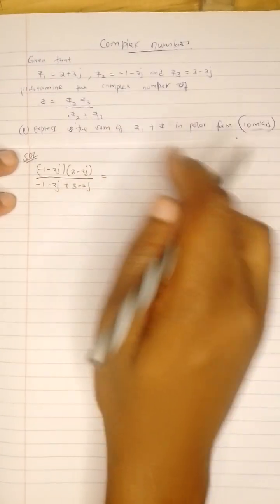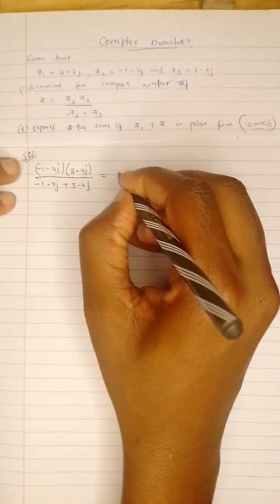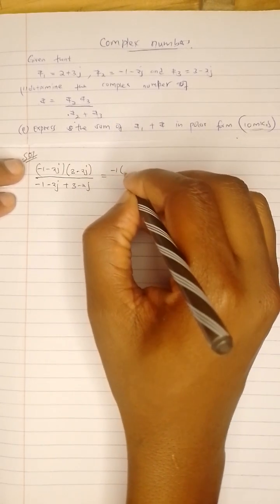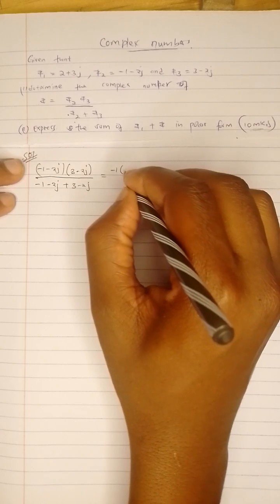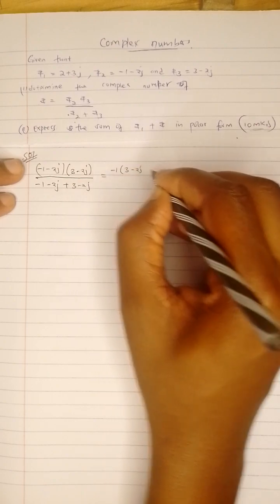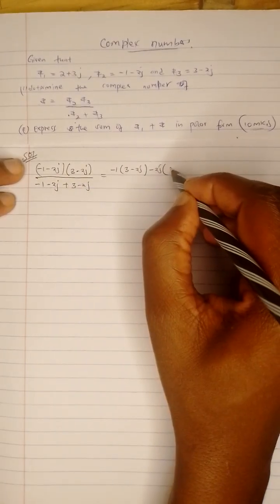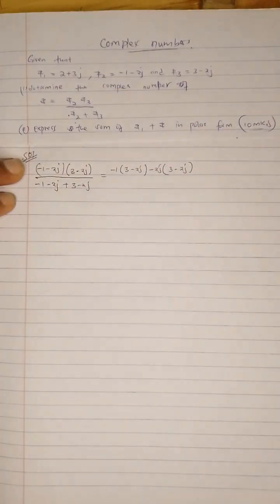I'm going to open this one: it will be negative 1 into bracket 3 minus 2j, minus 2j into bracket 3 minus 2j.